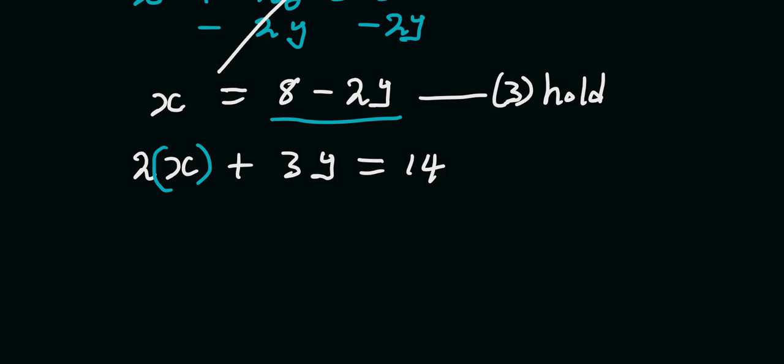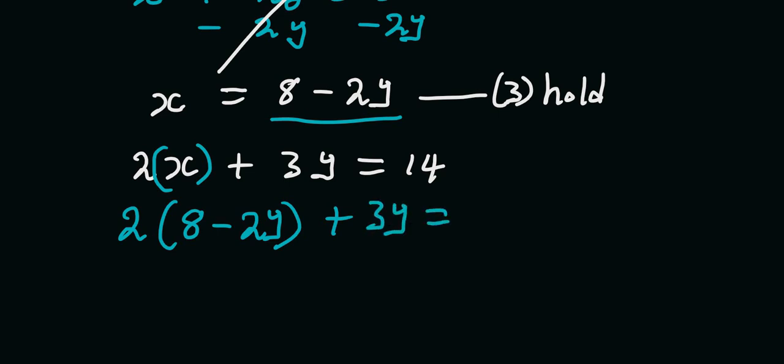So now equation 2 becomes 2 parenthesis 8 minus 2y close parenthesis plus 3y equals 14. So next is to distribute 2 into the content of the parenthesis.